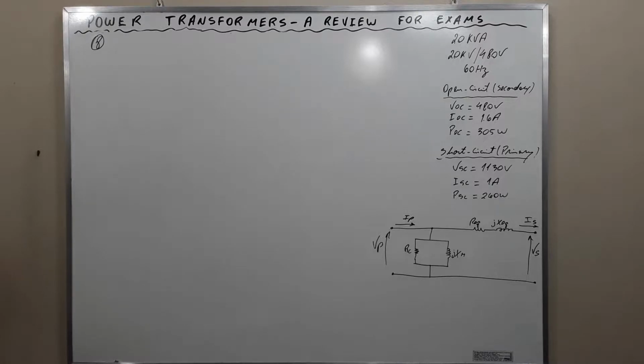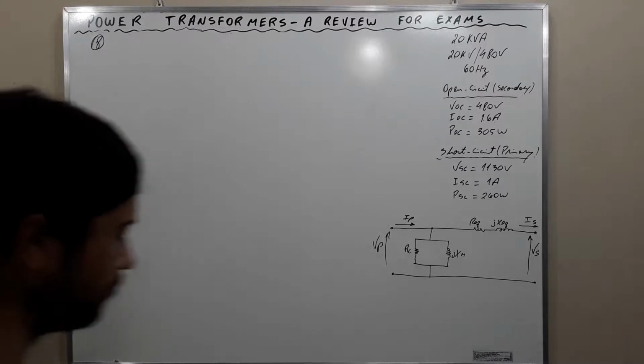Let's solve it. The exercise wants us in letter A to work with the equivalent circuit in per unit. As we are requested to work in per unit, we need to establish base values.